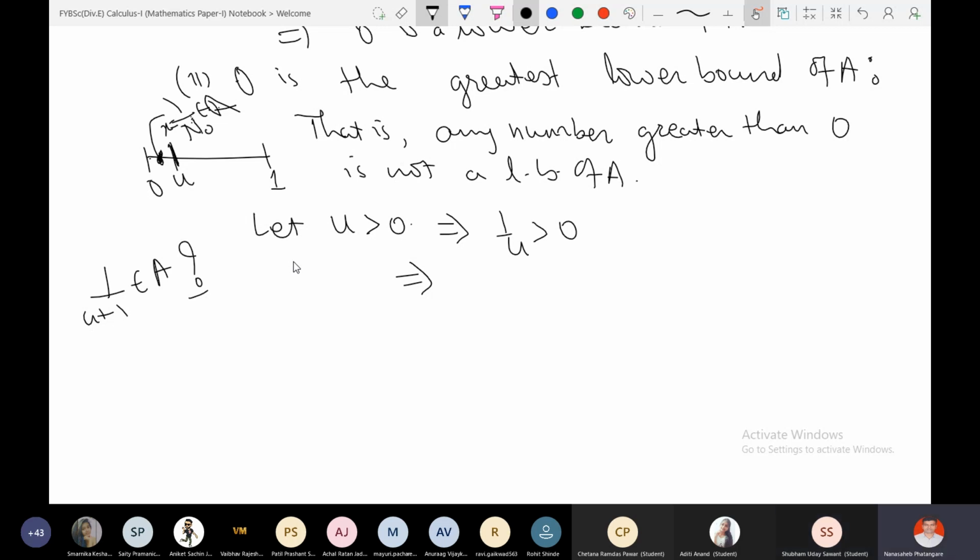Whatever is 1 upon alpha, u is just a real number. Suppose my u is 3 upon 51, for example. It is greater than 0, right? Now here I have 0, here 3 upon 51. So this is not a natural number. So what is a number here which is 1 by n, which is less than this u? That is the problem.